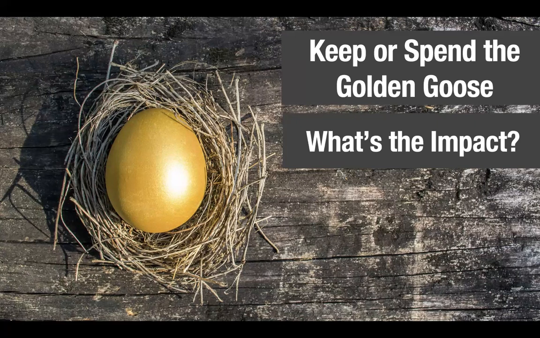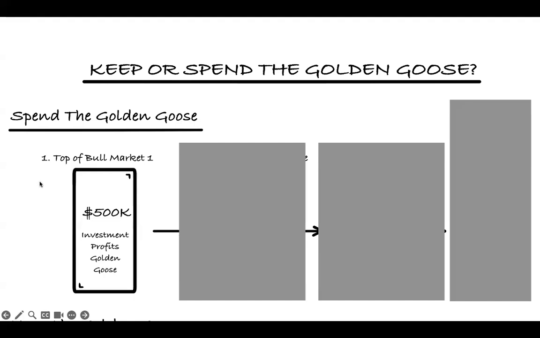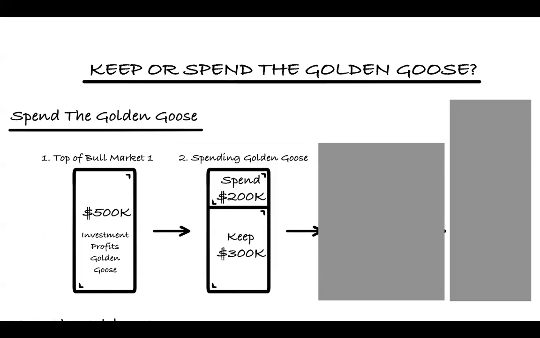So this is where I talk to people about dollar cost averaging, or feeding the beast and adding money into the market. So, keeping or spending the golden goose. Well, let's look at this as if we spent the golden goose. Let's say at the top of bull market one, you have $500,000 worth of investments and profits from the golden goose. Well, let's say then we spent the golden goose.